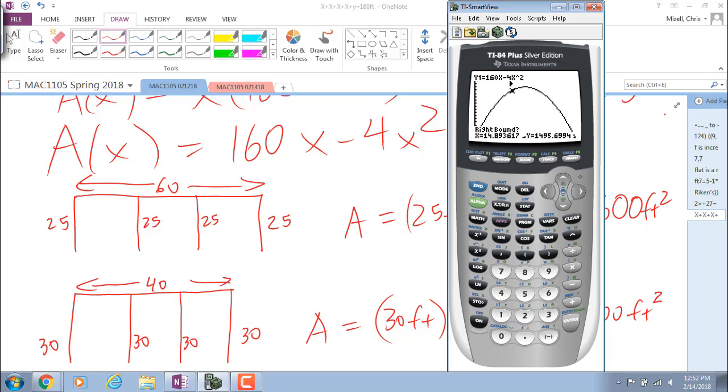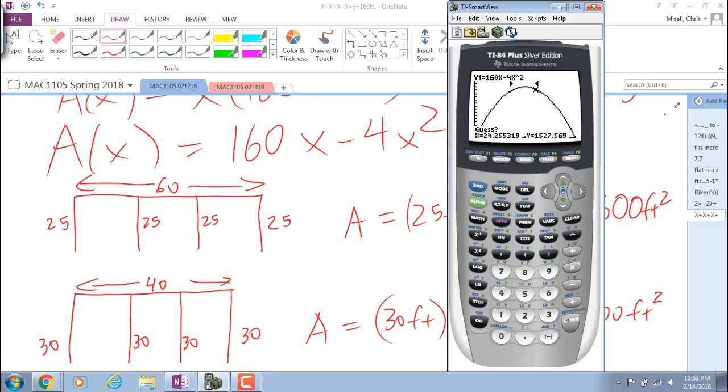Just like that. Now I'm not sure how far to the right I'm going to have to go. I'm going to press the right arrow a few times. It's about 24. I could type 24 and press enter, or just press enter and it'll use 24.255319 as the right bound.